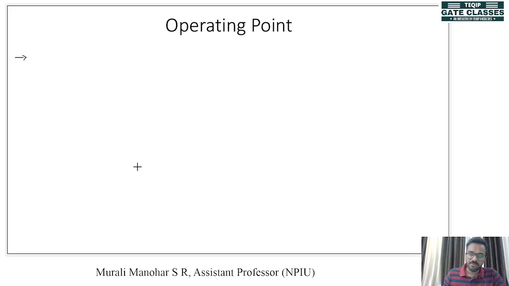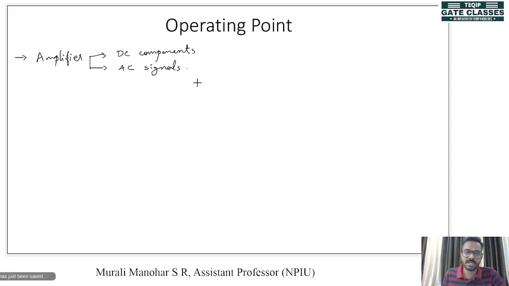But an amplifier will have both DC components and AC signals at the output, that is DC components and AC components at the output. So when we design or analyze an amplifier, we have to consider these two, that is DC components and AC components at the output.